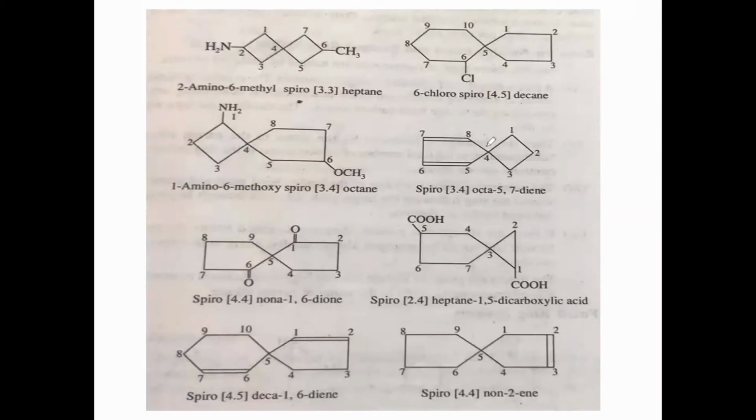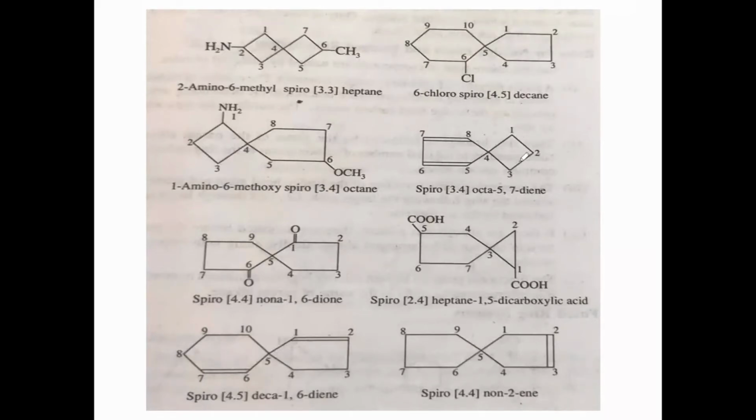You will not count this carbon by which these two rings are attached. For this ring 1, 2, 3, and for this ring 1, 2, 3, 4. Then in the square bracket you write the number of carbon atoms of the smaller ring first and then the larger one.